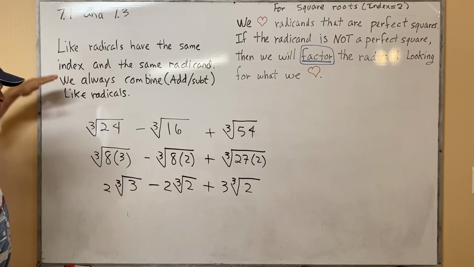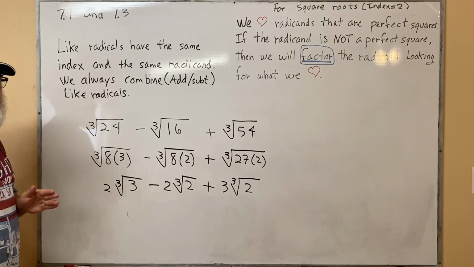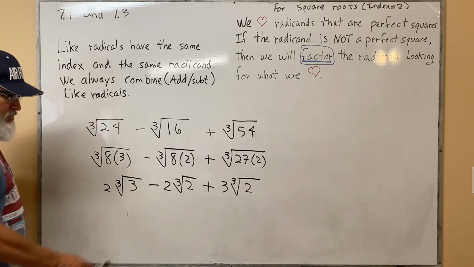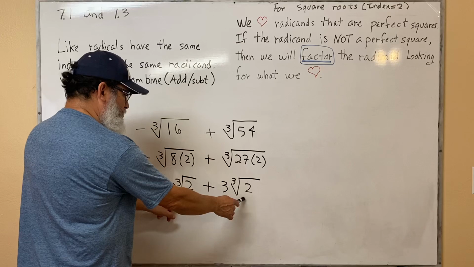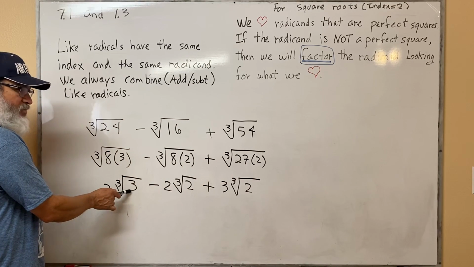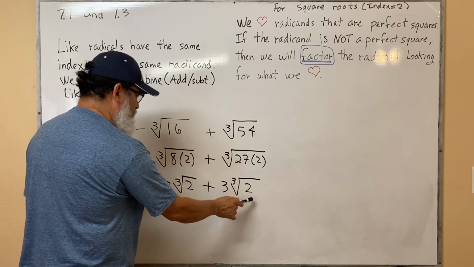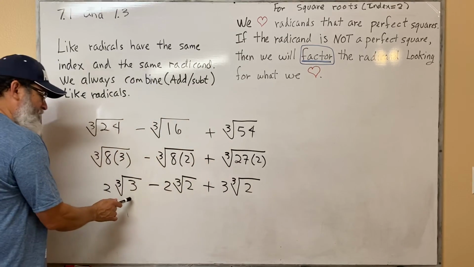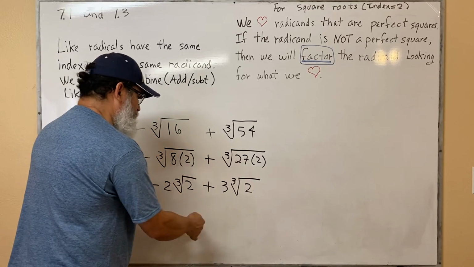Are these like radicals? The answer is not all of them. This one and that one, they are like radicals. Not this one. That one has a radicand of 3, and these two have a radicand of 2. So those two are like radicals, not this one. So this one stays by itself, and we combine those two.